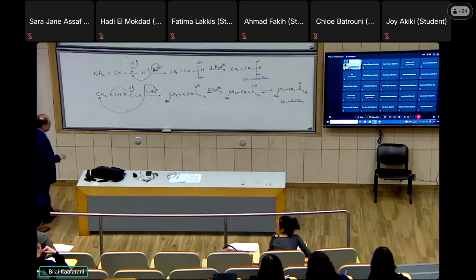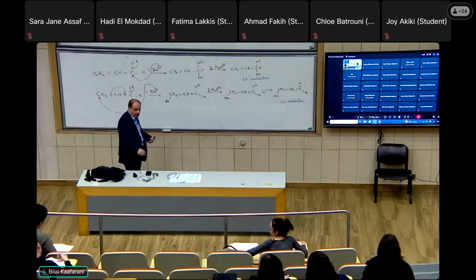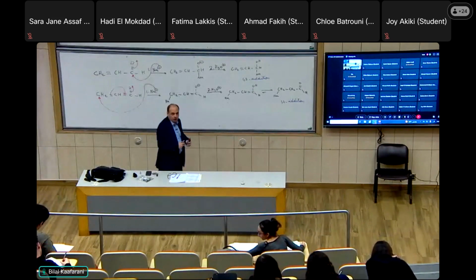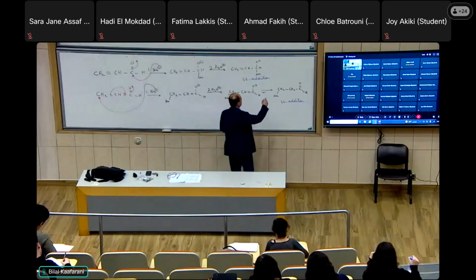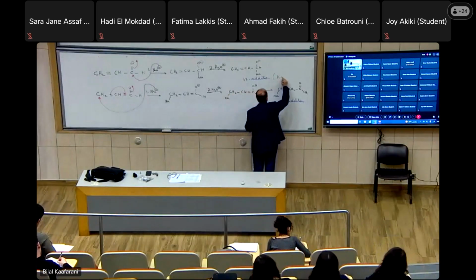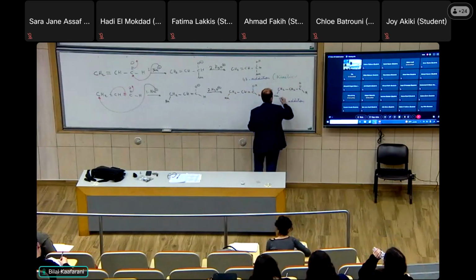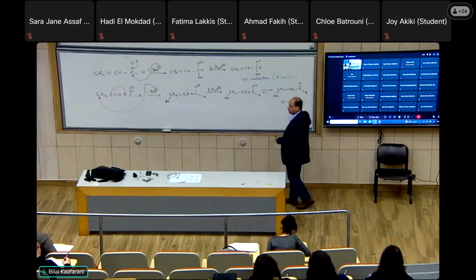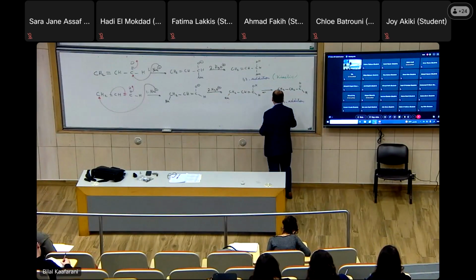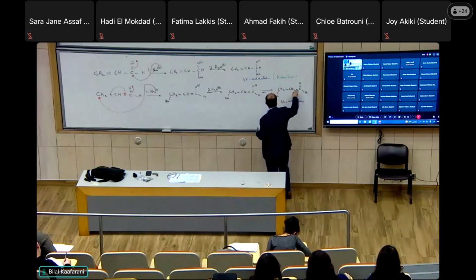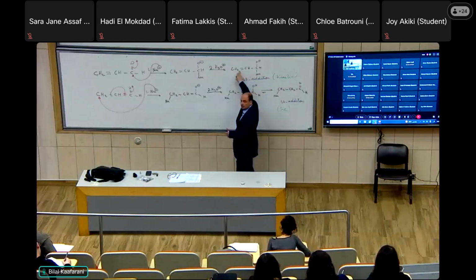Now the 1,2 addition is our kinetic product. It is a faster one. This is kinetic. The 1,4 addition is the thermodynamic. It is more stable because a carbonyl is more stable than C double bond C.